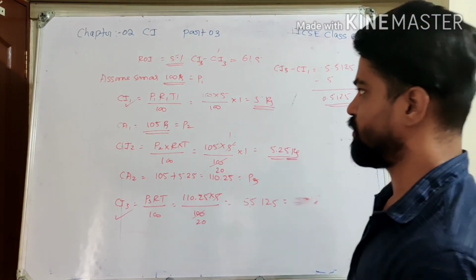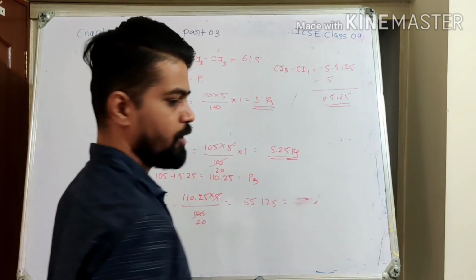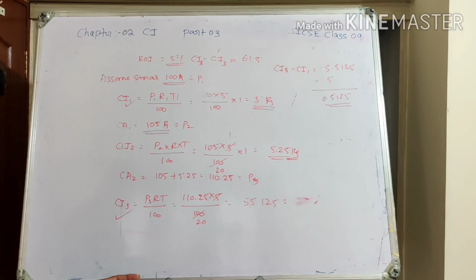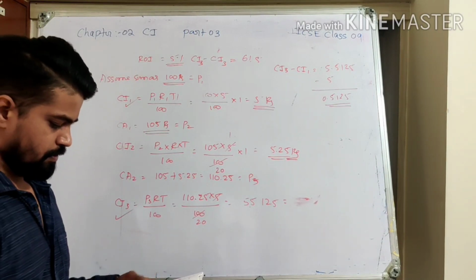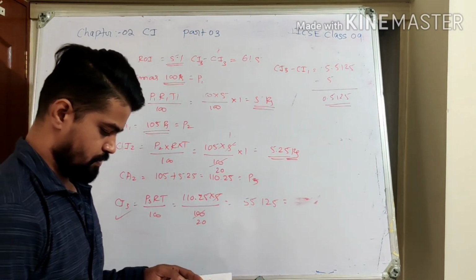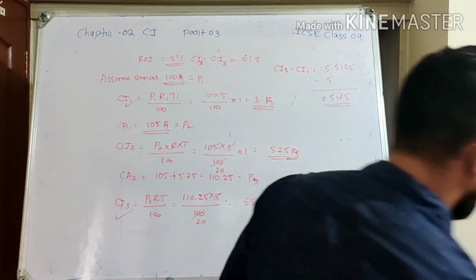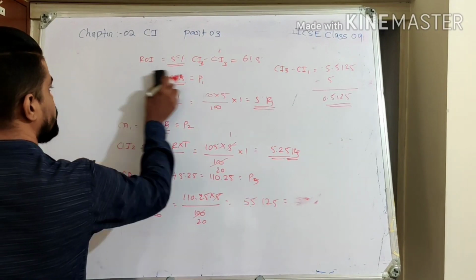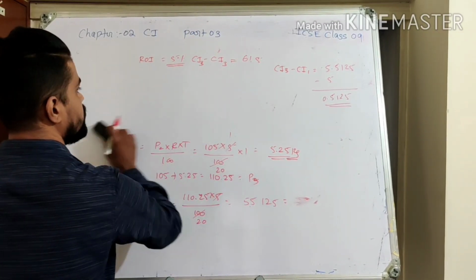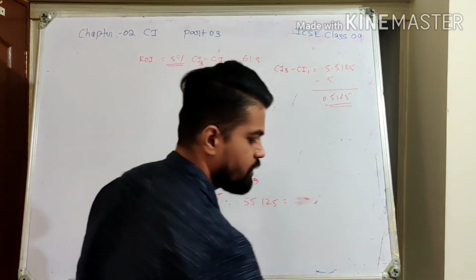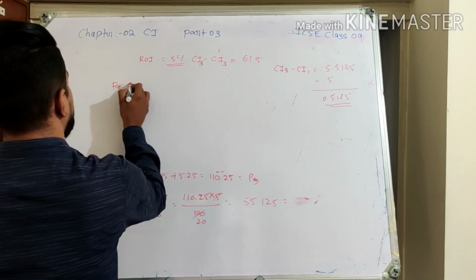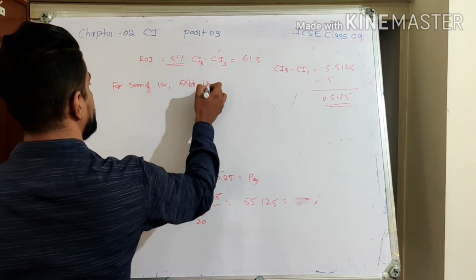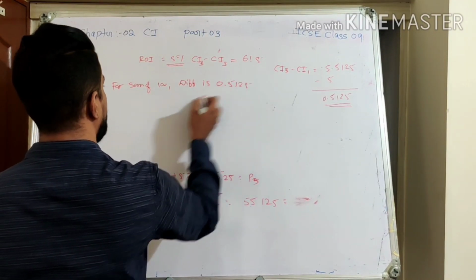So now I need to rub the board, so I need the space. So just observe now. So next step I'm going to write after this. Now what we have is, for a sum of 100, the required difference is 0.5125.